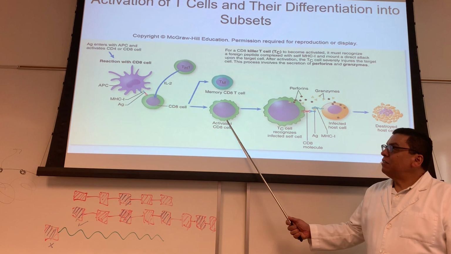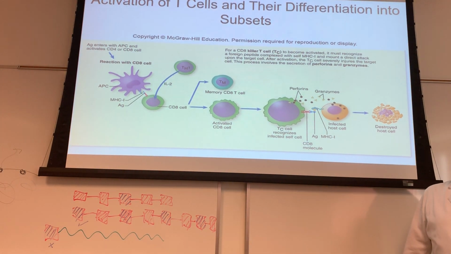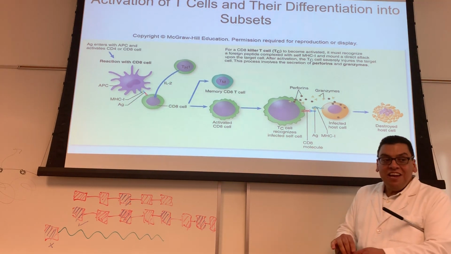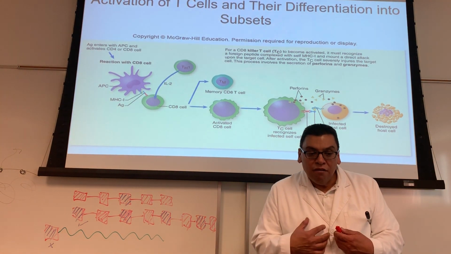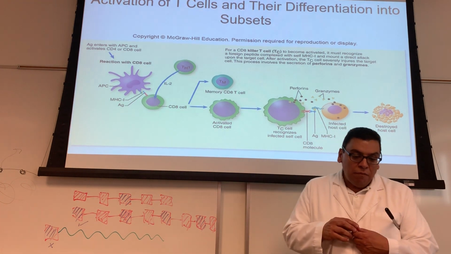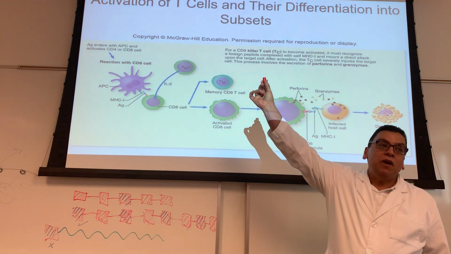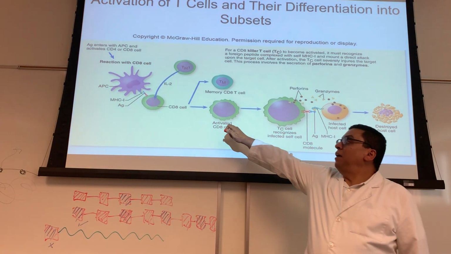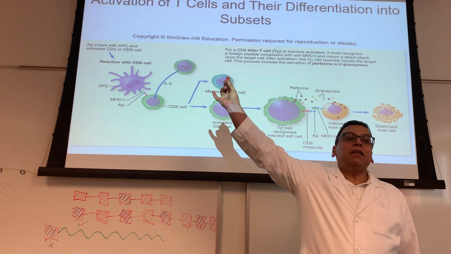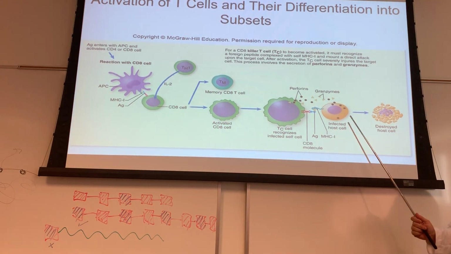The activated CD8 T cell, cytotoxic T cell, is going to go looking for any cell, watch this, any host cell that's virally infected. It released interferon to warn the neighbors, took a piece of the virus, put it on MHC1, and it's waiting for this guy to come and kill it. So that's this cell.